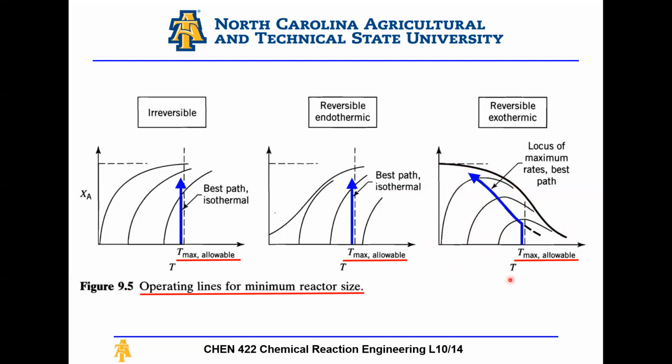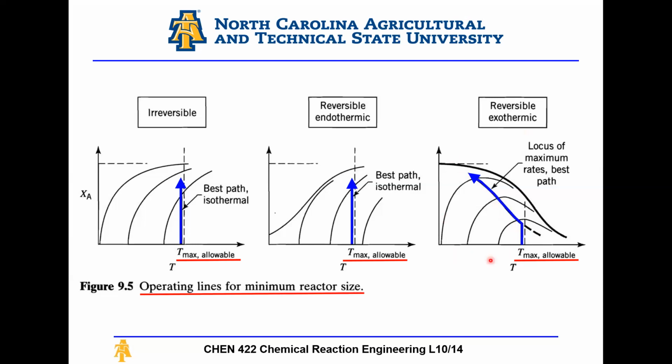So how do I operate this system? We always start at the highest possible temperature, and then I cool my system so that I remain at the locus of maximum reaction rates, okay?